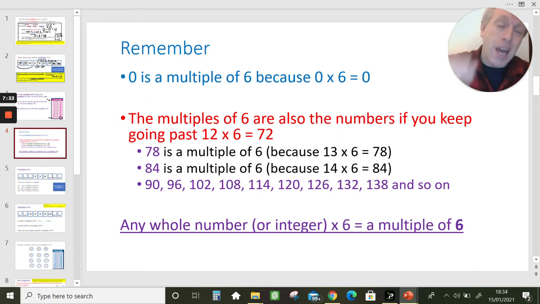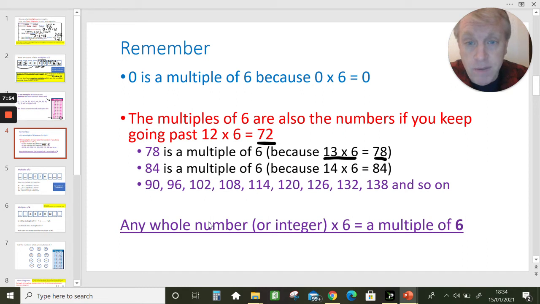Because if we keep counting up in sixes, past 12 times 6, those numbers are all multiples of 6 as well. So, 12 times 6 is 72. But the next one, 13 times 6, well, 72, add 6, because we're counting in sixes, makes 78.